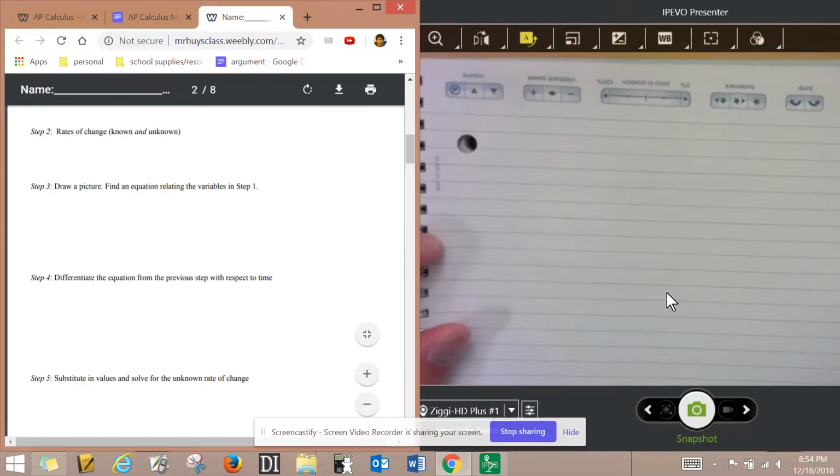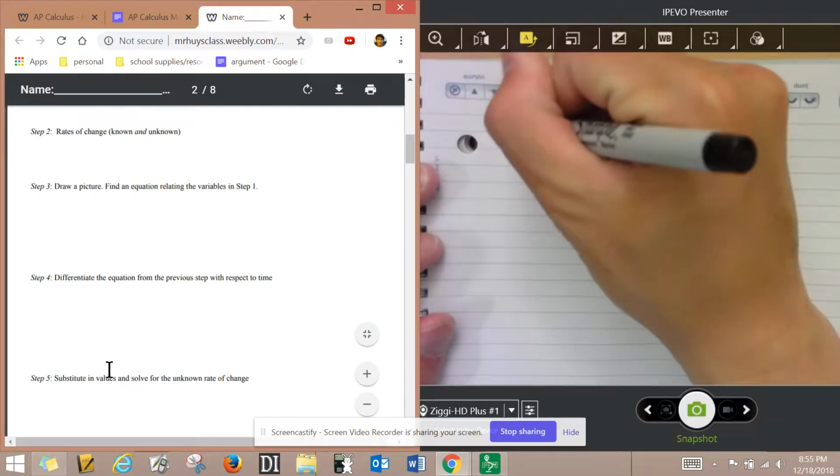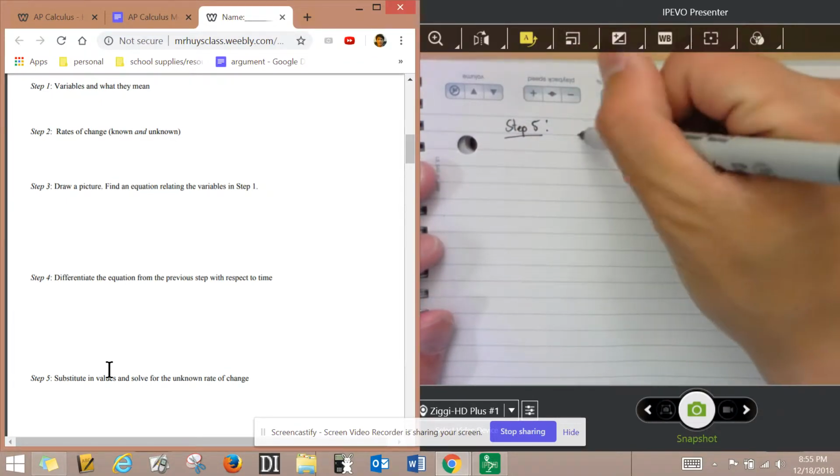Step 5 indicates that we want to substitute in the values and solve for the unknown rate of change.